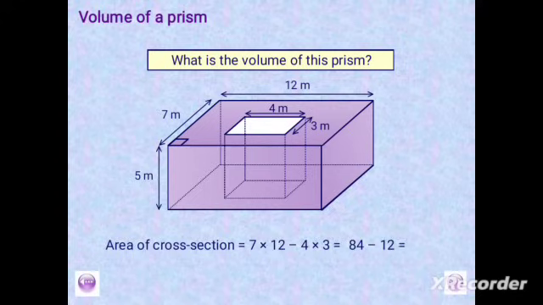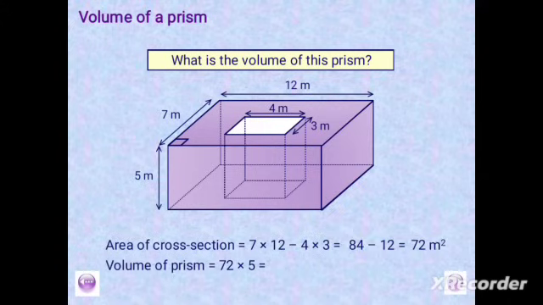That gives us 7 times 12 minus, in brackets, 4 times 3, and that will give us an area of 72 square meters. Now finding the volume of this prism, we have the cross-sectional area times length, so 72 times 5 gives 360 cubic meters.